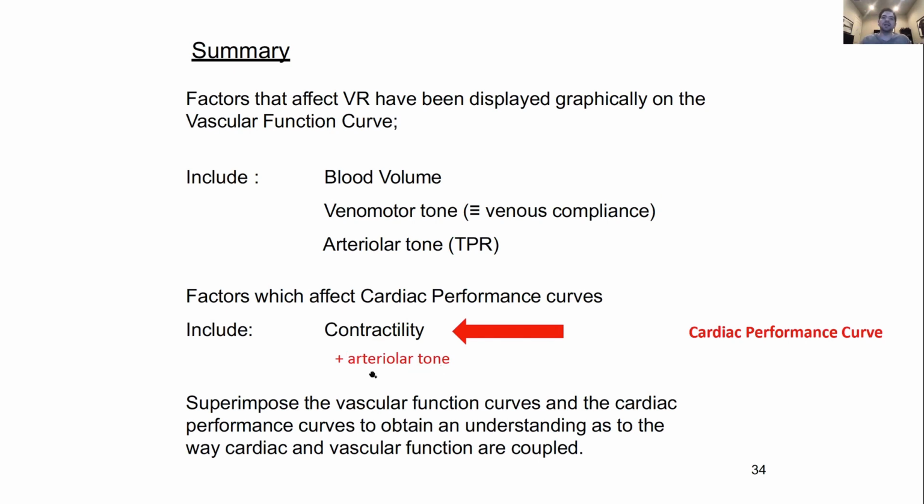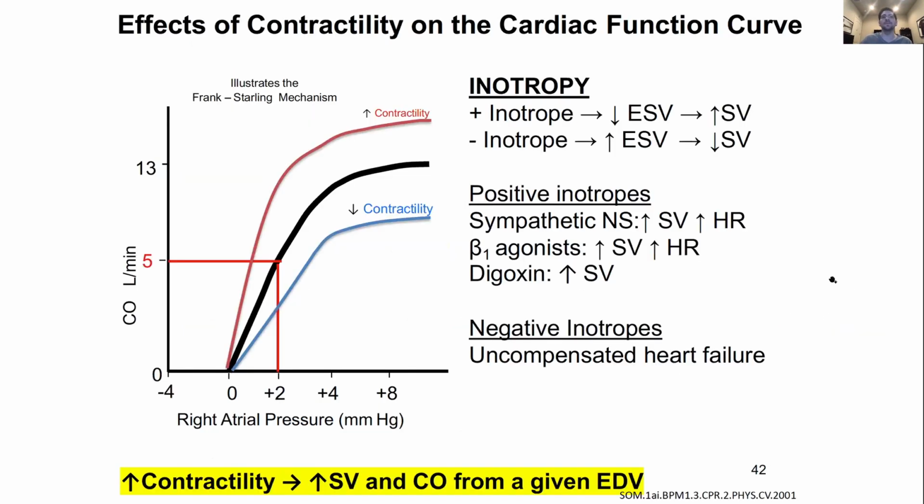Now, as with medicine, nothing straightforward. We want to remember that arteriolar tone is a component of this. So it does actually affect both curves, arteriolar tone, but that's a factor of the contractility, but we'll see this in a second. So just remember, the main factor you think about here is this contractility for your cardiac performance curve, or the left side of the heart.